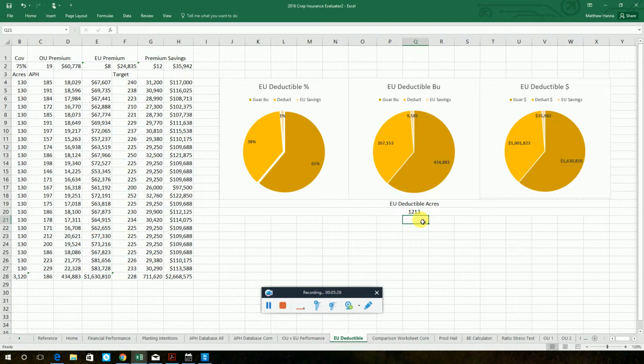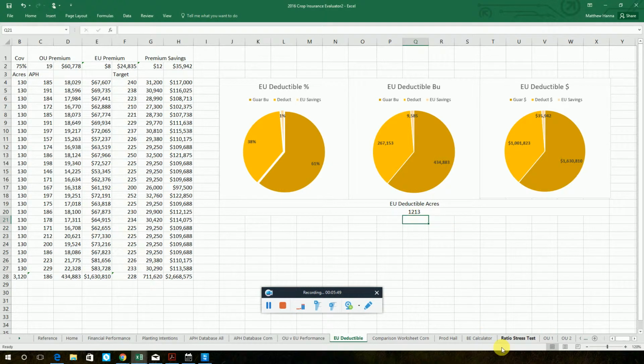Okay, so that gives us a breakdown of how enterprise units perform as far as their deductible. And hopefully this gives you some tools to better evaluate that deductible. Because like I said, I don't have a problem with the enterprise unit. I don't have a problem with saving $36,000, but we need to make sure that these deductibles fit inside your risk management plan.